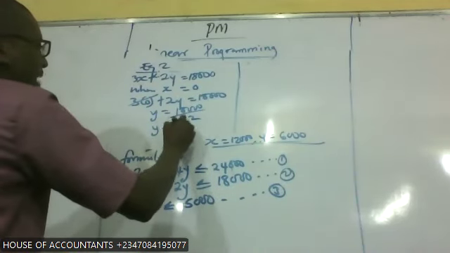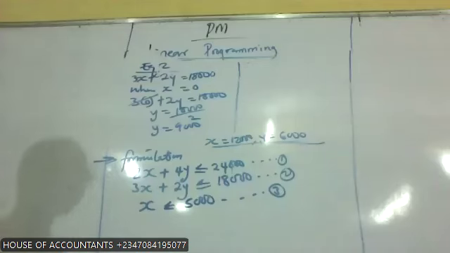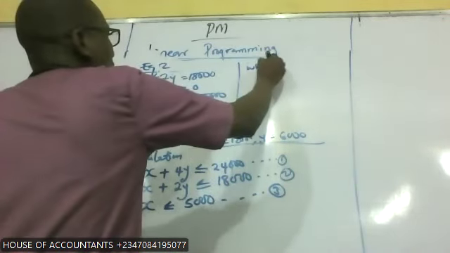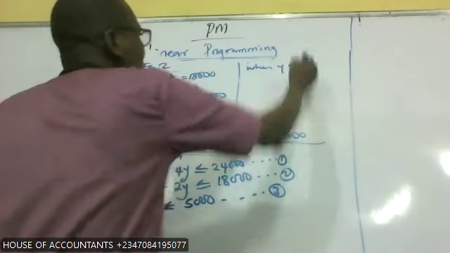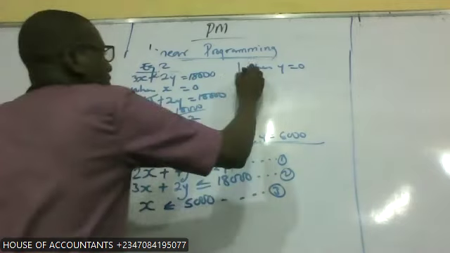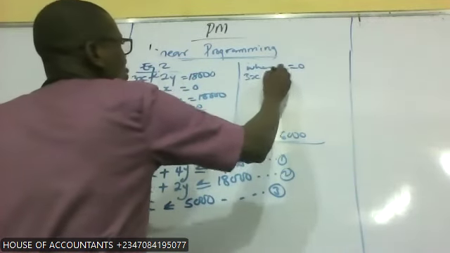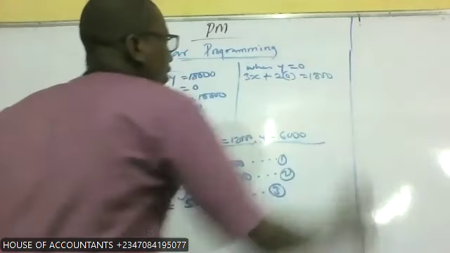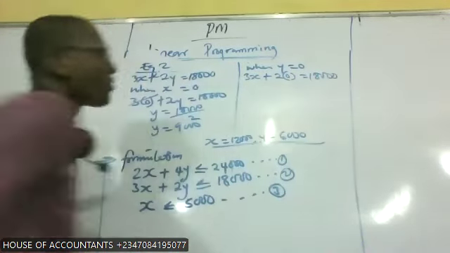So y equals 9,000. When y equals 0, 3x plus 2 times 0 equals 18,000.